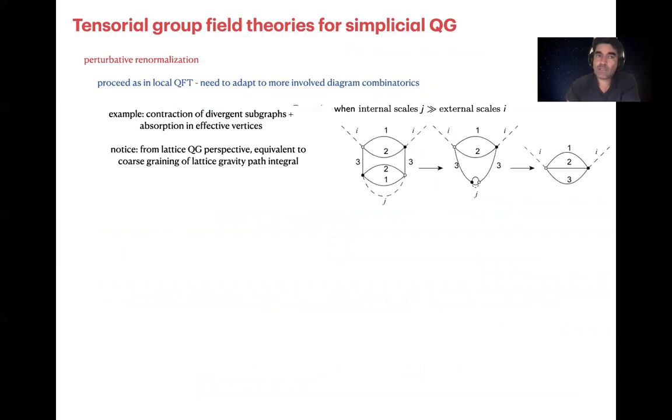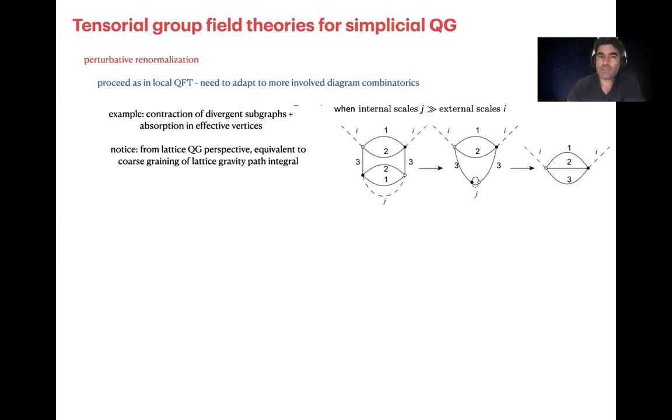One main task is to show that these models are renormalizable at the perturbative level. The strategy is to treat them as standard field theories, however adapting the standard techniques to the more involved combinatorics of the Feynman diagrams of tensor models.